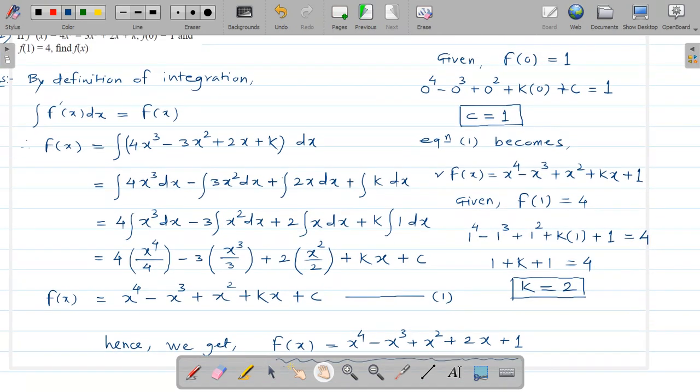These are the given conditions, that is f of 0 is equal to 1 and f of 1 is equal to 4, which are useful to get the value of c as well as the value of k if necessary. After getting the values of c as well as k, you have to write f of x, and that will be your final answer. Okay, so try to solve this type of question from your exercise. Okay, thank you.